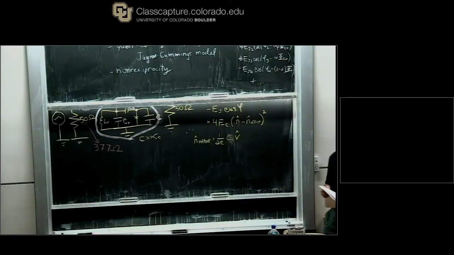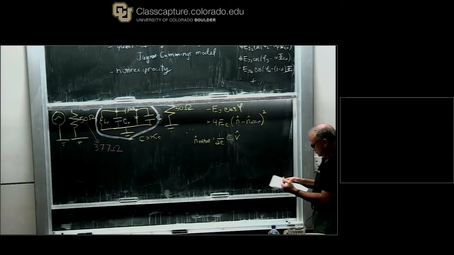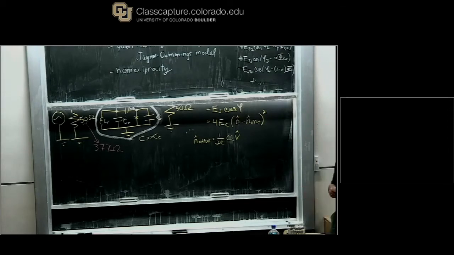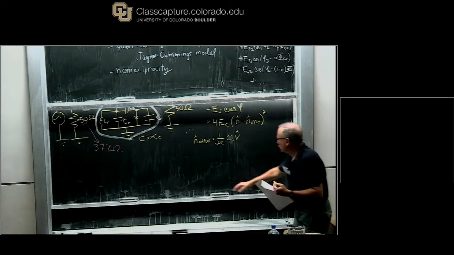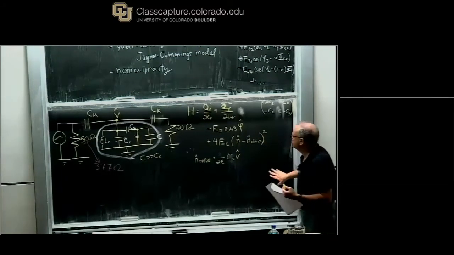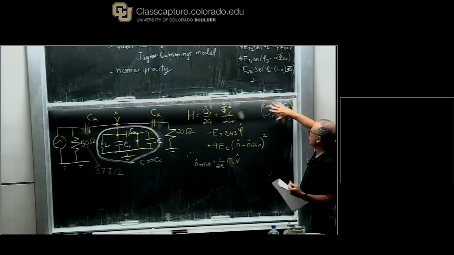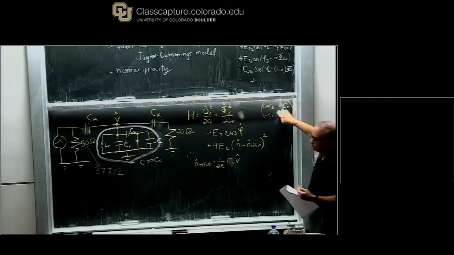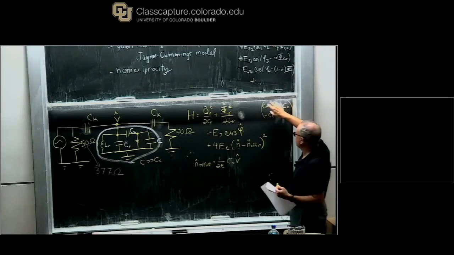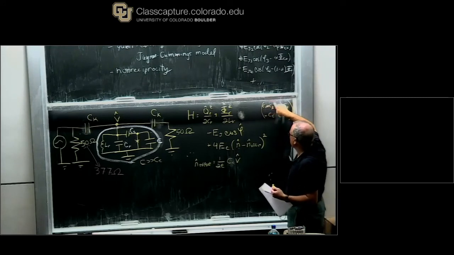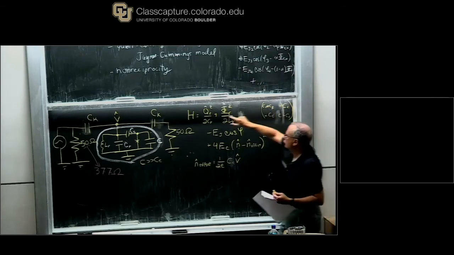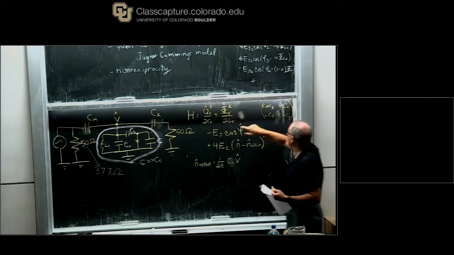Yes? So in the first term, when you had written Q squared over 2C_r, is that just the C_r on the left in the circuit? Or where does the inverse of the capacitance matrix come in? Well, the way you would do this really properly, in the case where there was no small parameter, you would invert this, and then the 1,1 component of the inverse would appear here rather than C sub r alone.